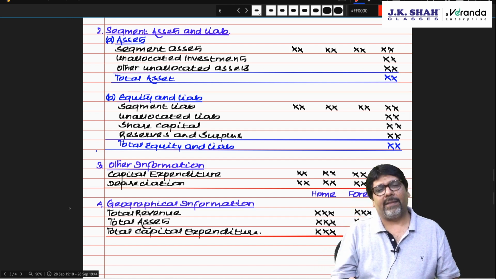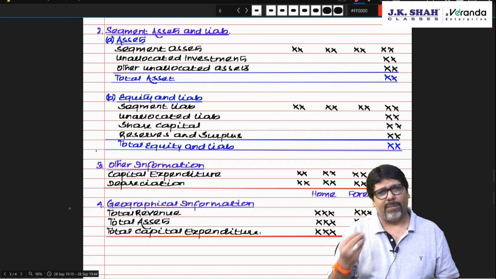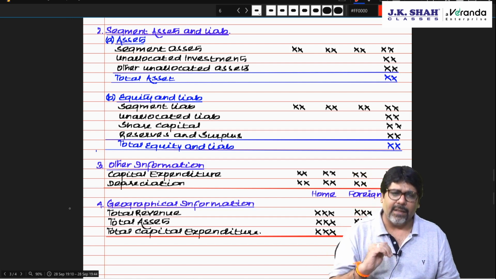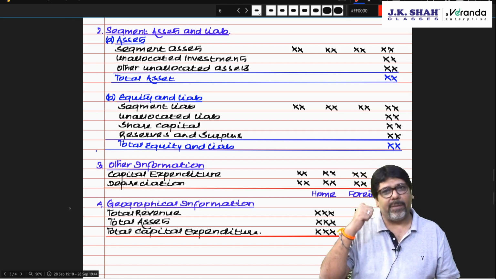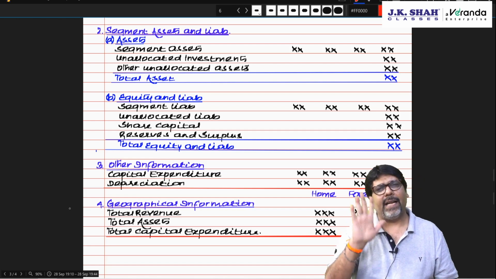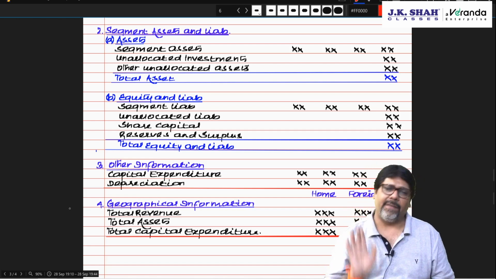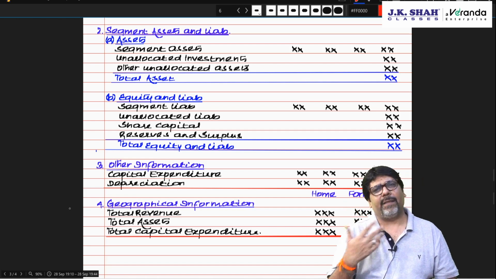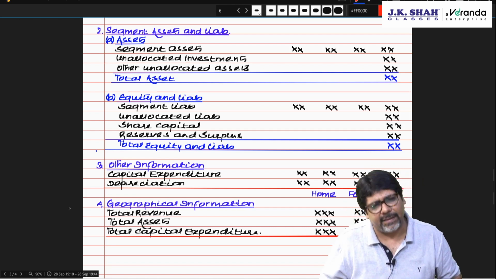Total reportable segments' revenue should be 75% or more. If it is less, include others. Those segments which were reportable in the previous year will become reportable in the current year, provided they had satisfied the materiality test in the previous year. Correct? Or any other segment which the organization feels necessary.